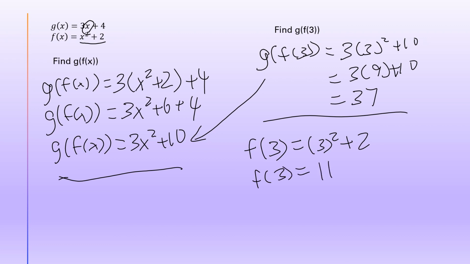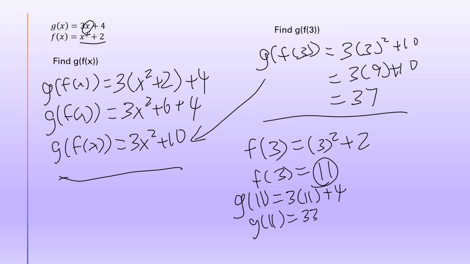And when we substitute 11 into g of x for x, we get g of 11 equals 3 times 11 plus 4. So g of 11 equals 33 plus 4, and that gives us 37. So using both ways, we ultimately get the same answer.